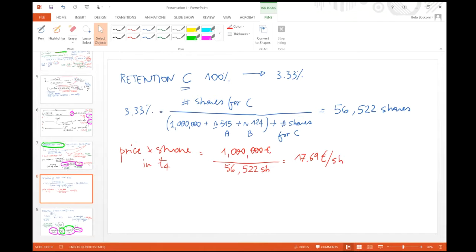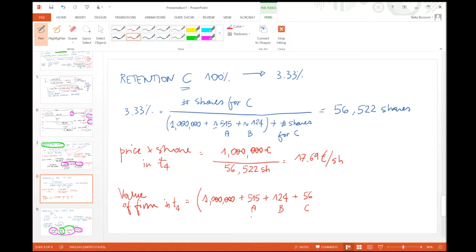Risk is lower, price is higher, return is lower. So at the end of the day, the value of the firm post money in T4 will be essentially the original founder position, 1 million, the shares purchased in round A, 500,000 or so, investor A, the capital increase in T2, investor B, and the final 56,000 round C in years 0, 2, and 4.